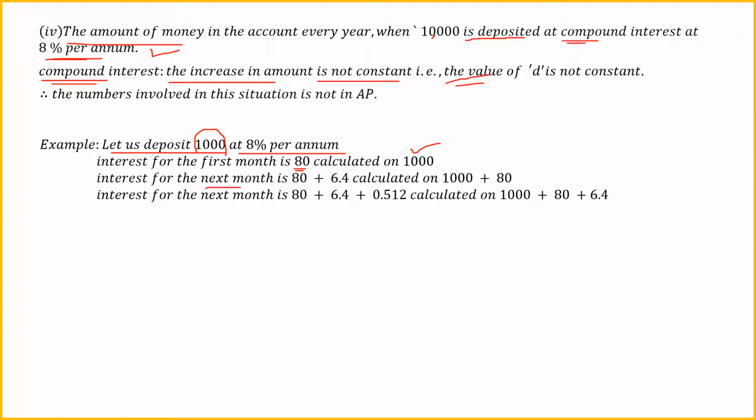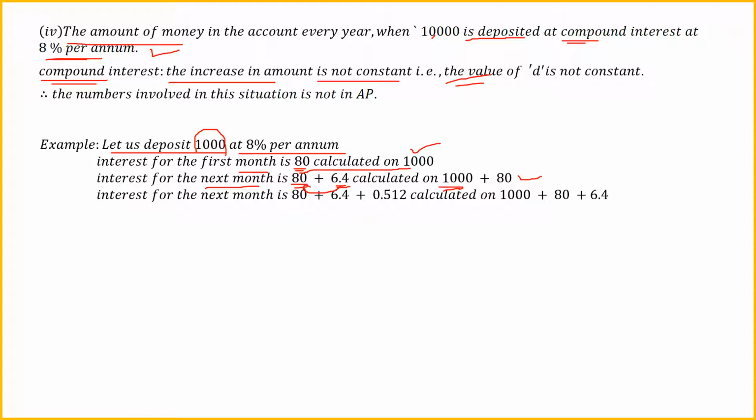For the next year, it's 80 plus 6.4. 80 is the interest on 1000 and 6.4 is interest on 80, where it will add up to 1166.4.